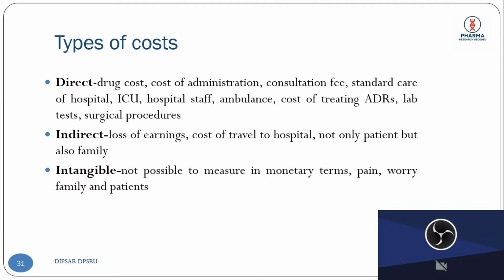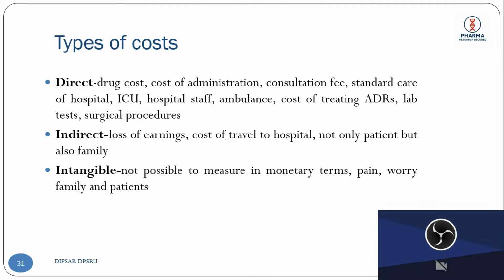You should understand the different types of cost in a pharmacoeconomic study: direct cost, indirect cost, and intangible cost. Direct costs are costs like drug cost, cost of administration, consultation fees, standard care of hospital, ICU, hospital staff, ambulance, cost of treating ADR, lab tests, surgical procedures. So these all come under direct cost.